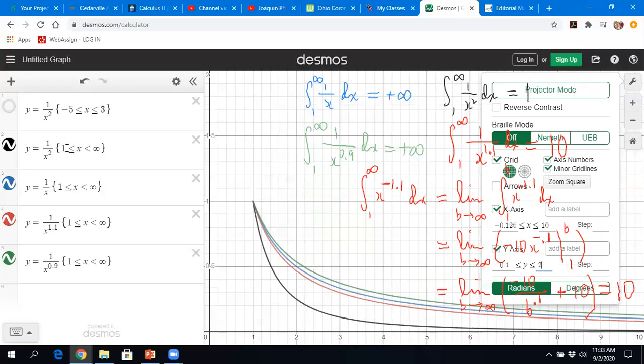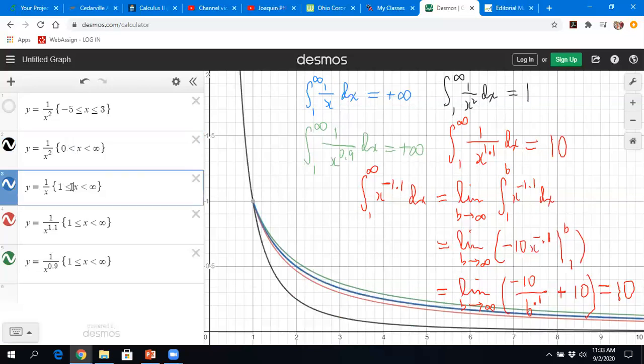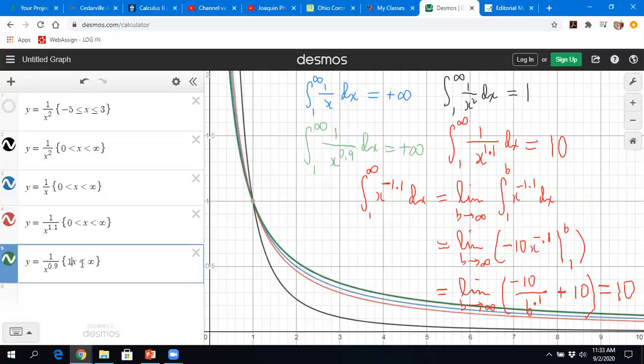I'm going to change all of these things down to 0. Do you see what happens to all the curves at 1?